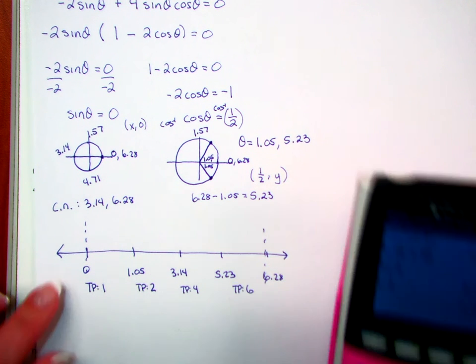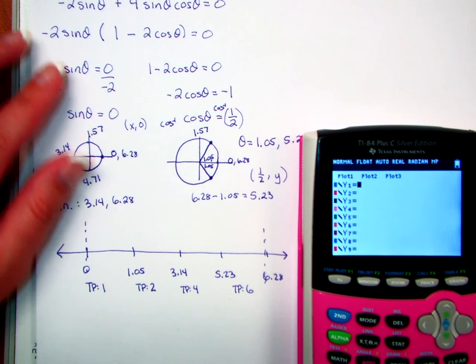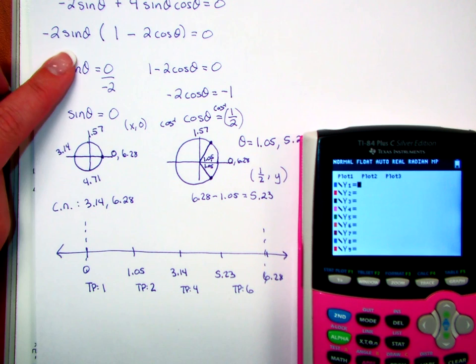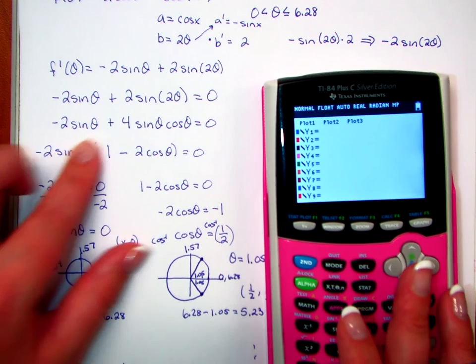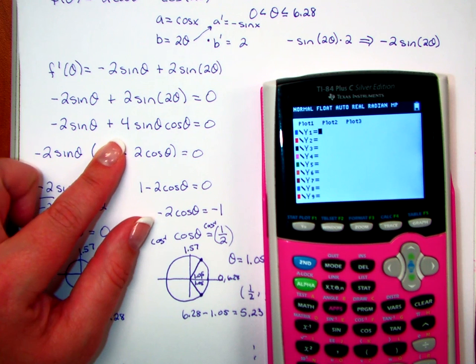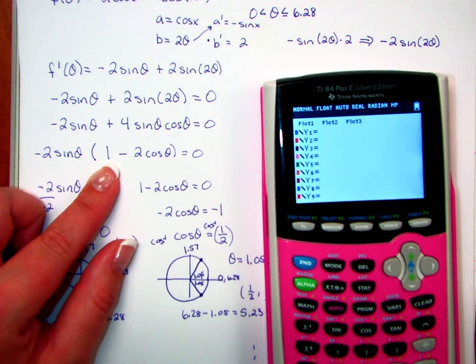All right, so now I'm going to go to my calculator. I want to plug the derivative into this function. Which one do I want to plug in? We can plug in this derivative with the double angle, or this one, or the factored form. It doesn't really matter.